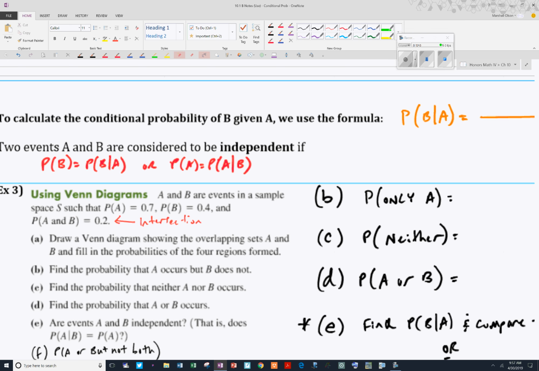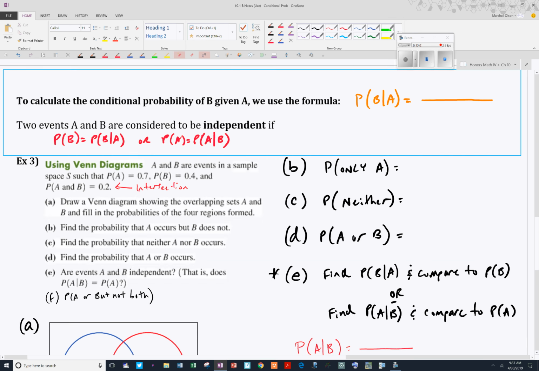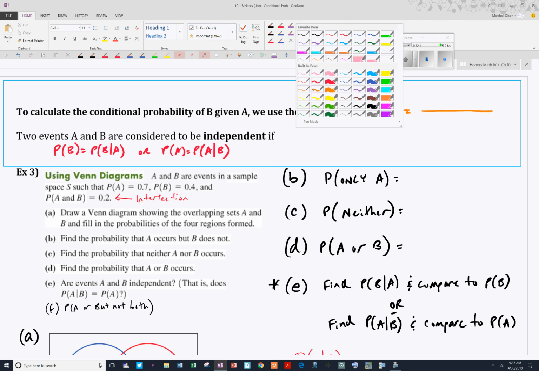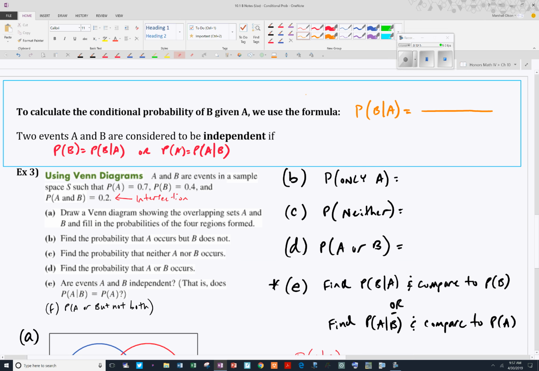So on the back side, we'll give you the formula for conditional probability. The formula for conditional probability is this. The probability of B given A is going to be equal to, in the numerator, we always want to put the probability that both things happen.